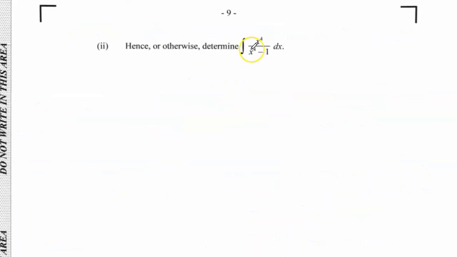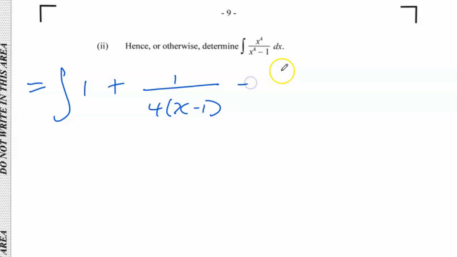Part B, or part 2, hence or otherwise determine the integral of that expression there. Remember, we just rewrote this expression. What was it again? 1, so a plus a quarter, x minus 1, minus a quarter, x plus 1, and then d was minus a half, right?